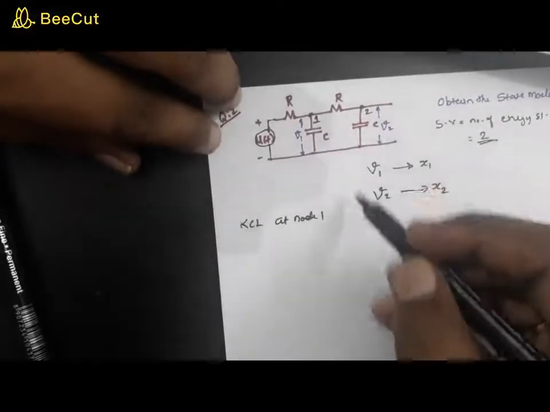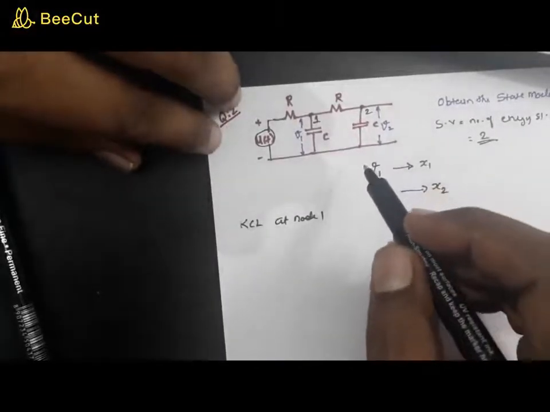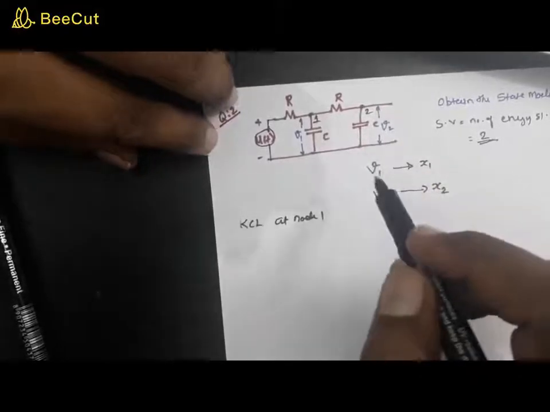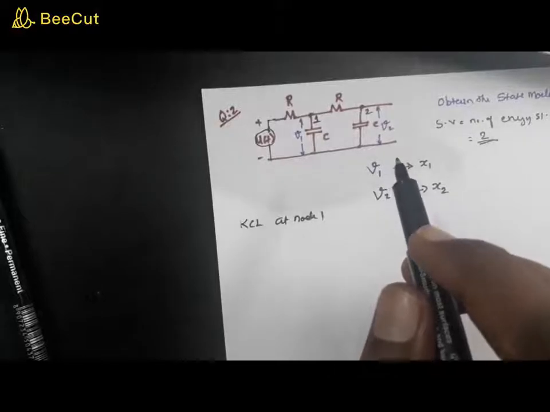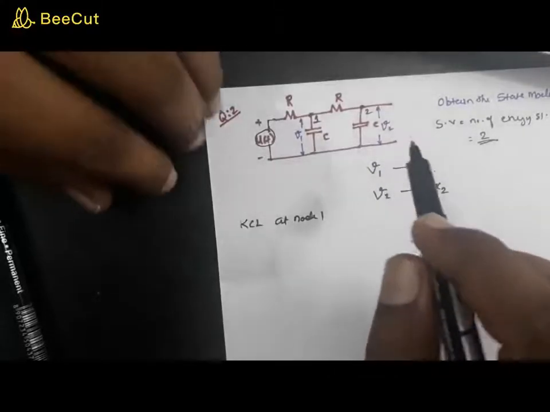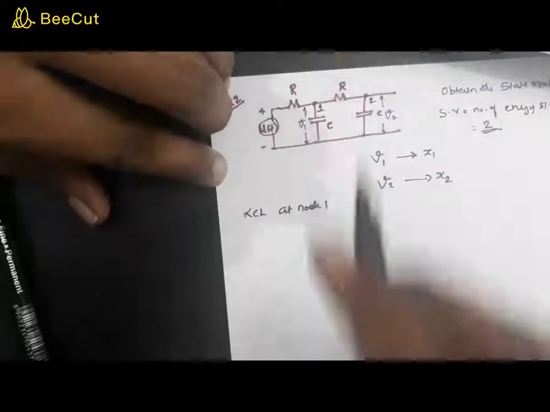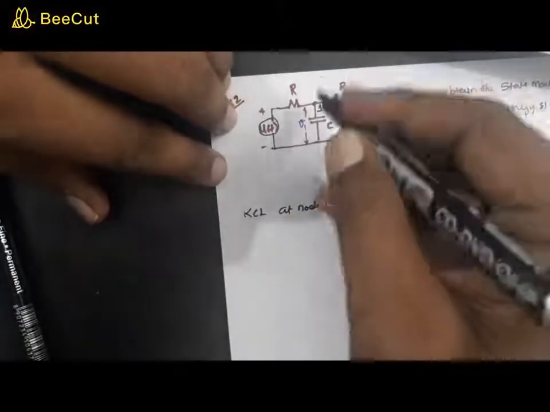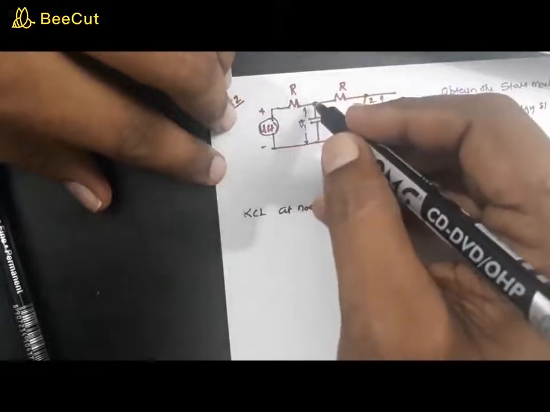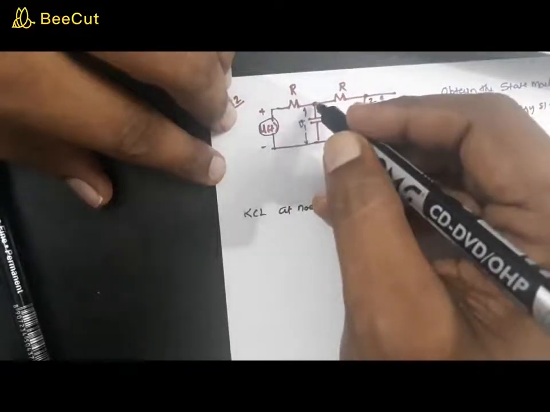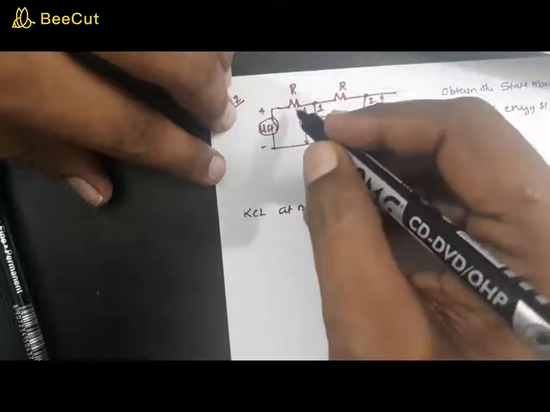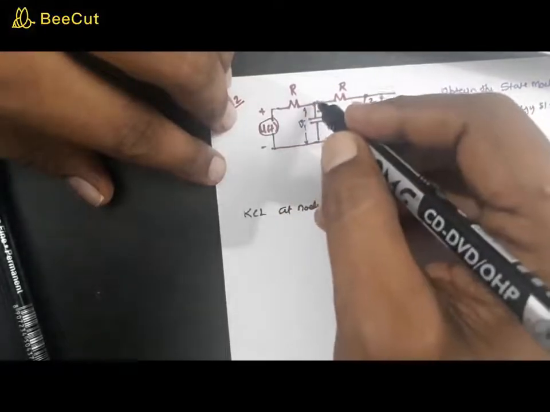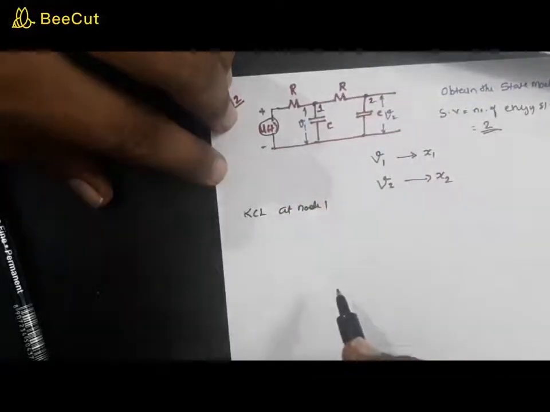Because we require voltages and these are capacitors, so as the problem varies, the approach will vary. In this problem, it's safe to apply KCL at the two nodes. When you apply KCL, no direct current source is coming, so you can assume everything to be outgoing current, and the incoming current is 0.